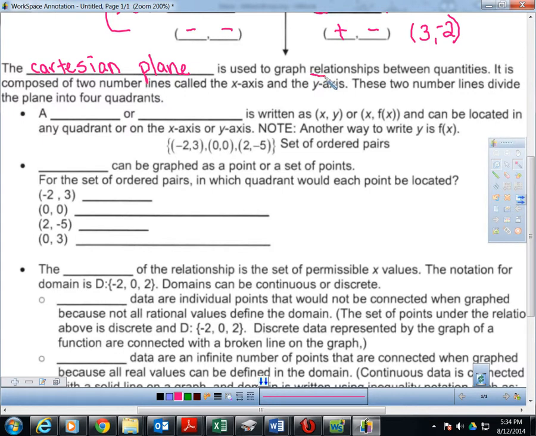If it's on a graph, there is a relationship. It shows that they're related somehow. If the two things are not related, they can't be put on a graph. So it shows relationships. And it's composed of two number lines, called the x and the y-axis. And they divide that plane into 4 quadrants like we talked about.